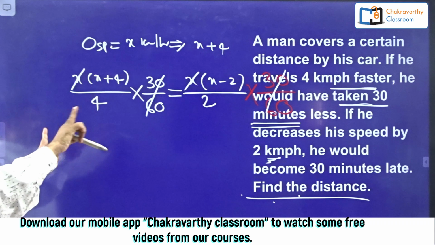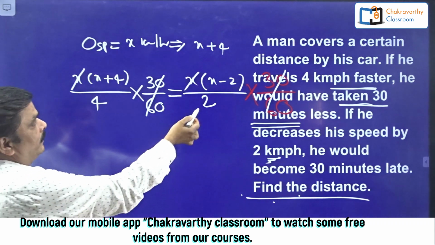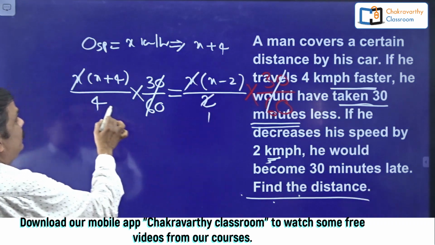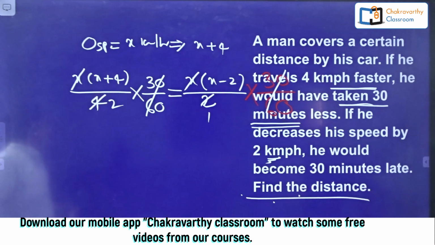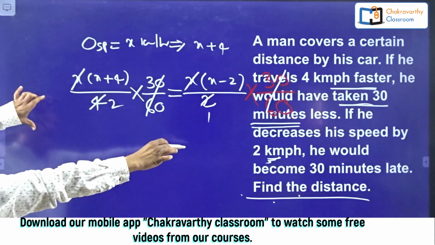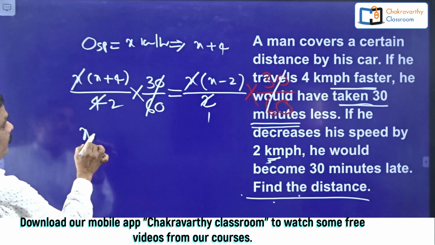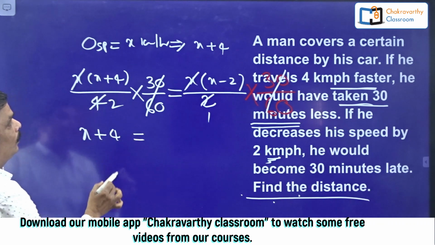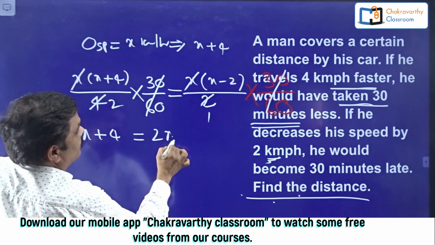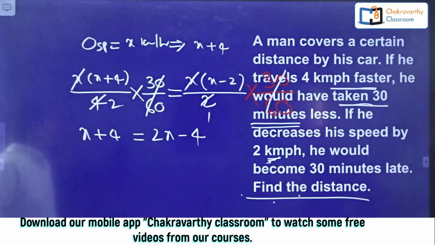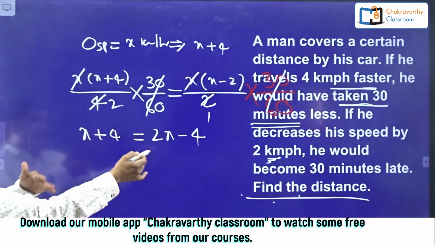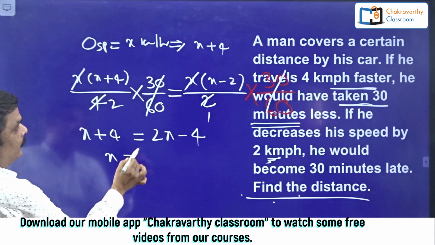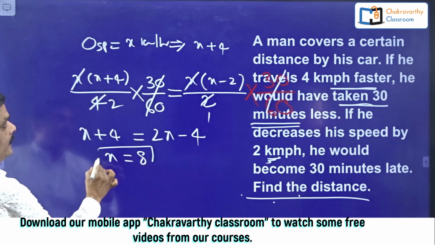You must have learned this at your high school level. 2 twos are 4. Now go for the cross multiplication. This is x plus 4 equal to 2x minus 2 into 2, 4. Now go for the like terms: 2x minus x, x is equal to 4 plus 4, 8.